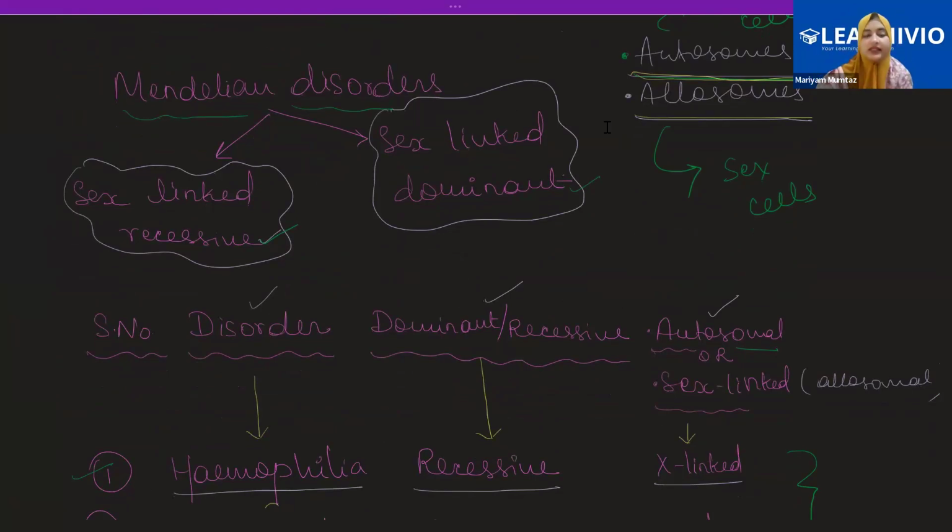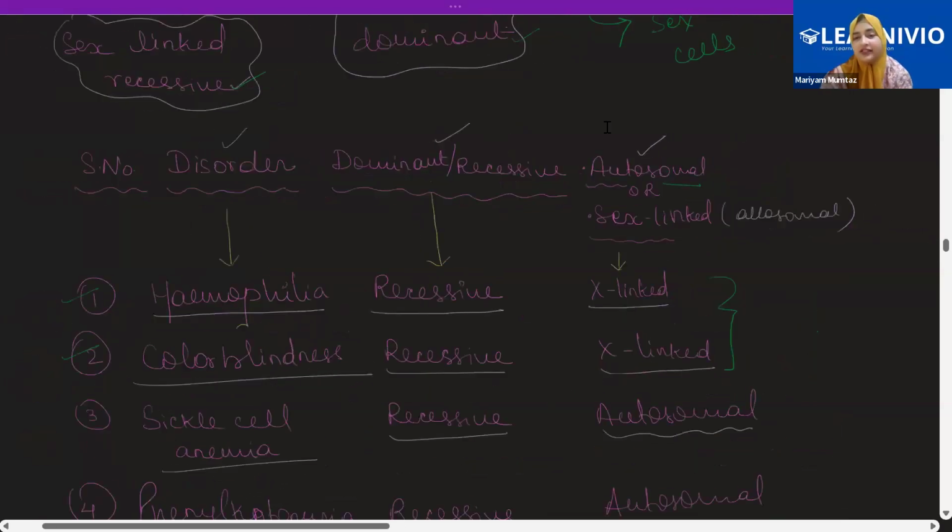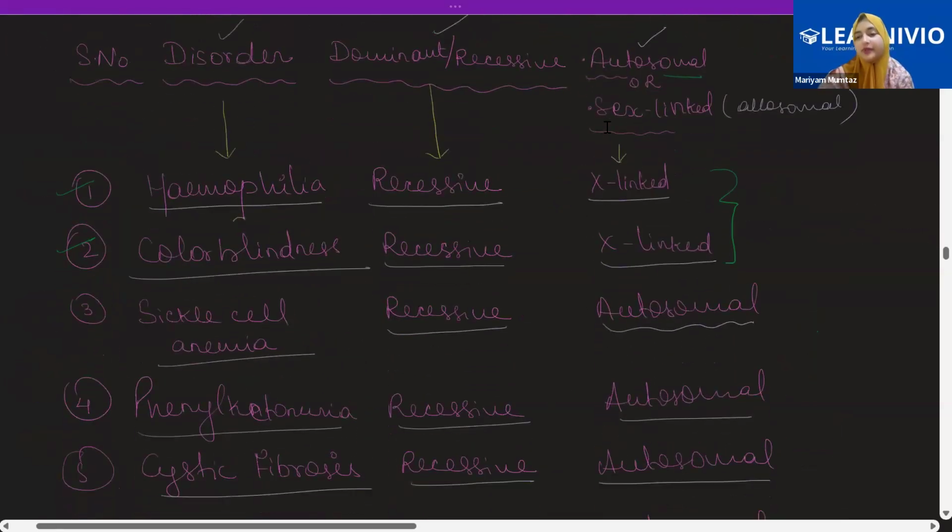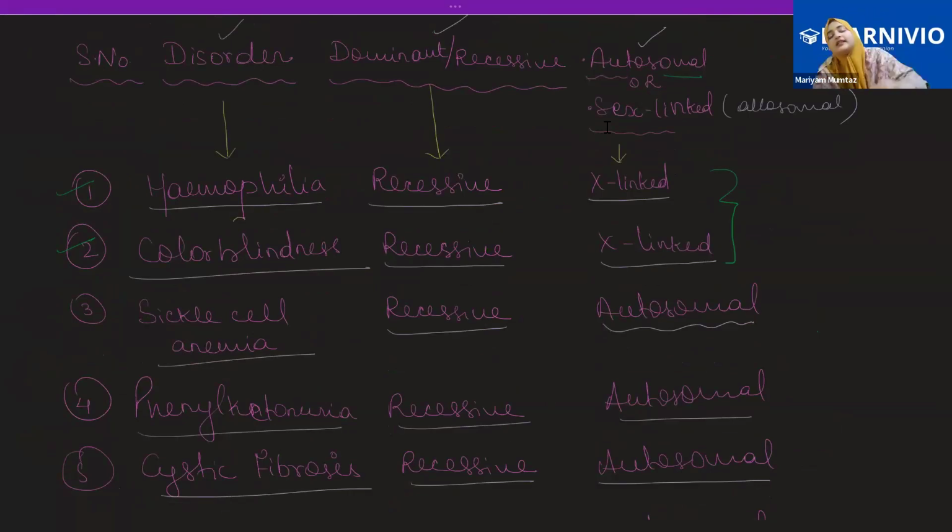So let us see. This is the whole chart, which is very important for you to remember: hemophilia, which is a recessive disorder and is X-linked in nature, meaning it is linked with the X chromosome instead of the normal body chromosome.